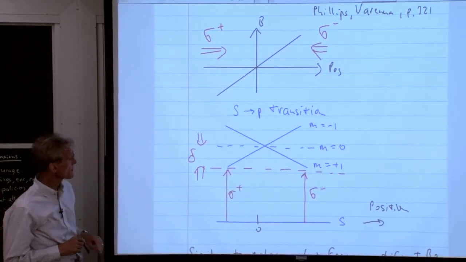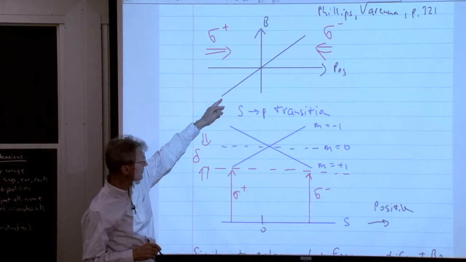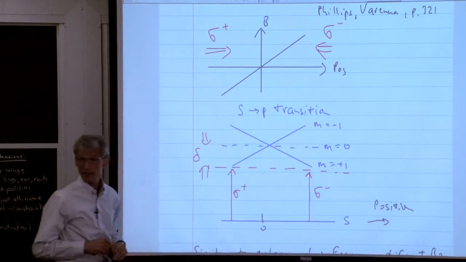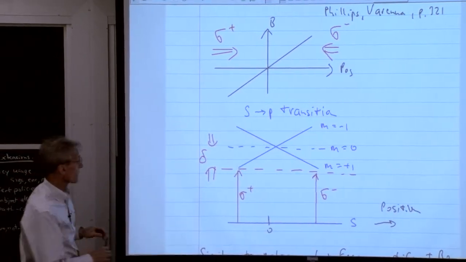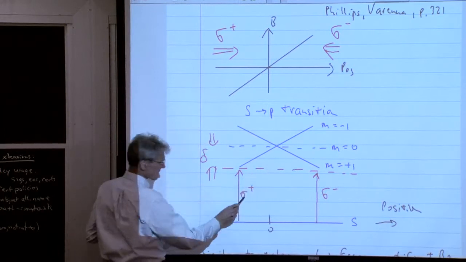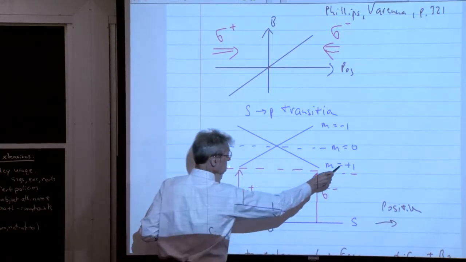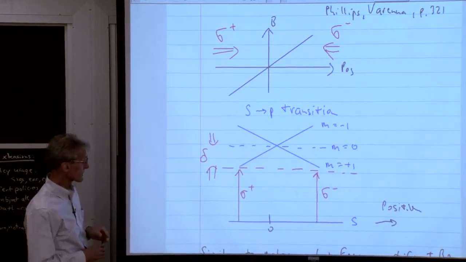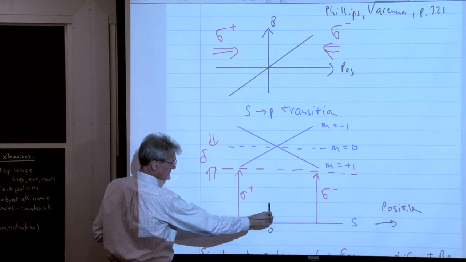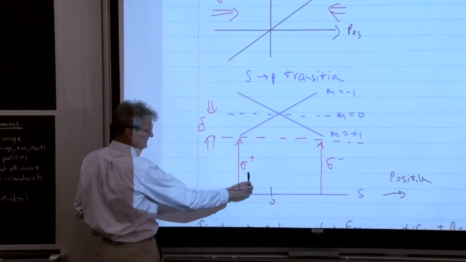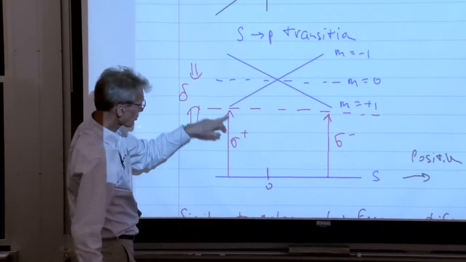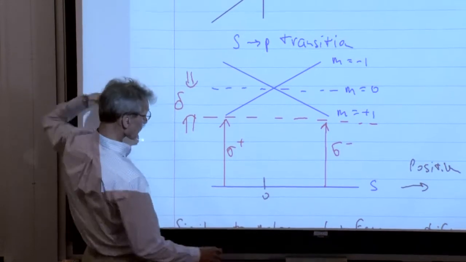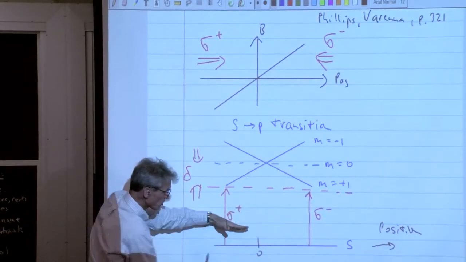So what happens now is the following. The linear magnetic field gradient does Zeeman shifts in the opposite direction to the m+1 and m-1 levels. Now, the transition to m-1 is done by sigma plus light. The transition to m+1 is done by sigma minus light. So if you have an atom and it moves away from the origin, it will come closer and closer in resonance with the sigma plus light, but the sigma plus light comes from the left side, so the atom will be pushed back.